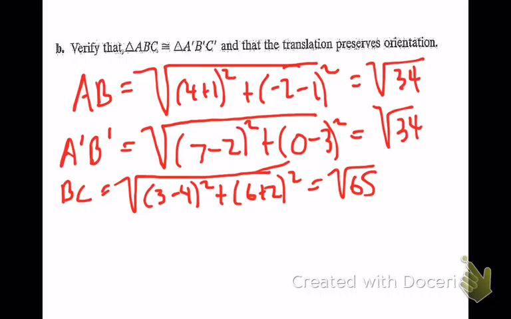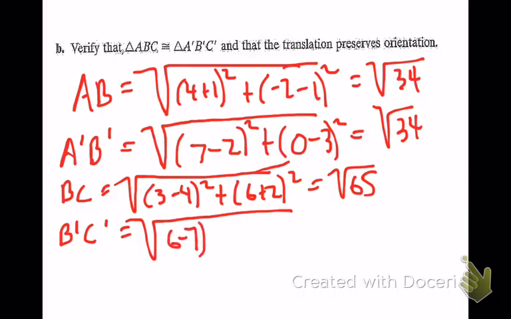And B prime C prime is equal to the square root of 6 minus 7 squared plus 8 minus 0 squared, which is going to equal radical 65.